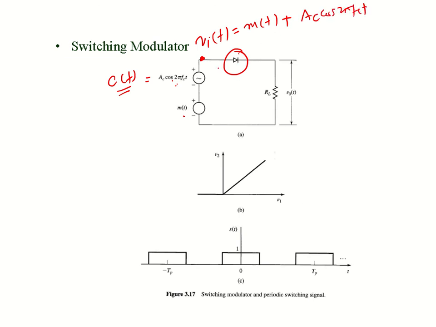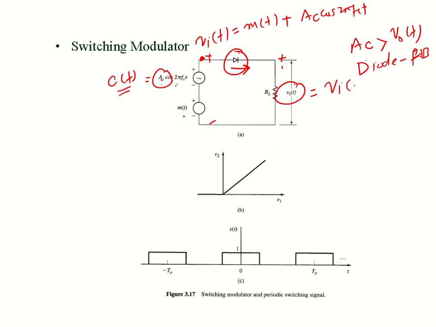Now this is a diode, so if your amplitude AC is greater than your output voltage, then the diode will be forward biased, and in that case our output will be whatever input we are having.